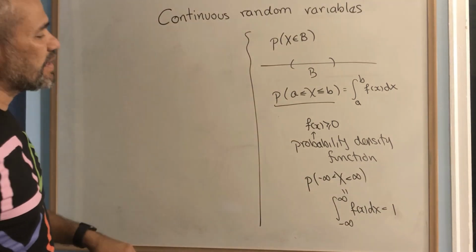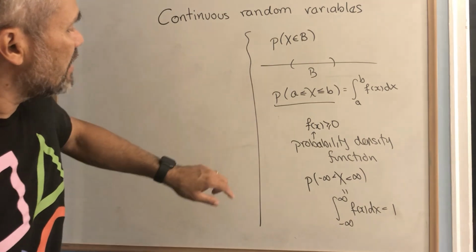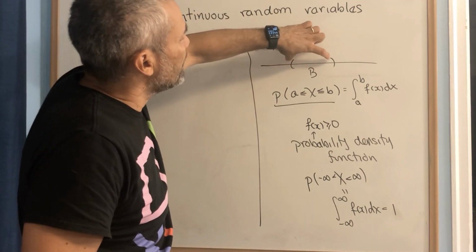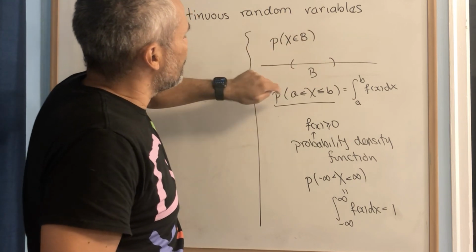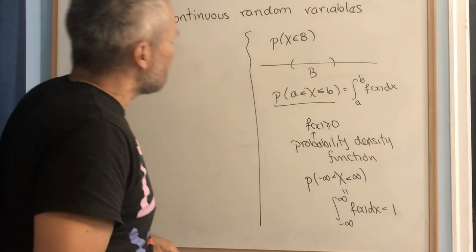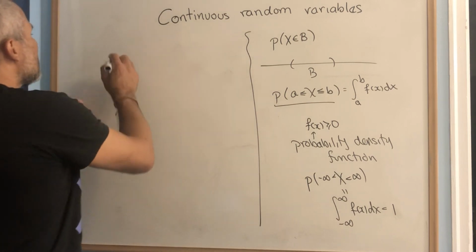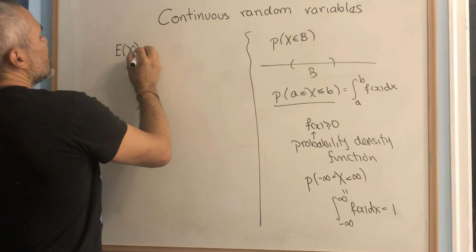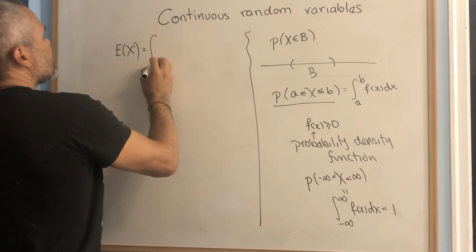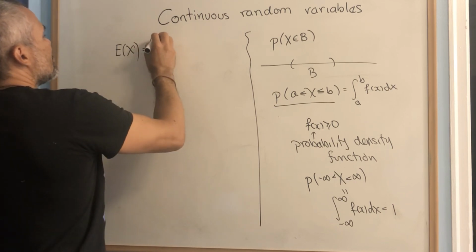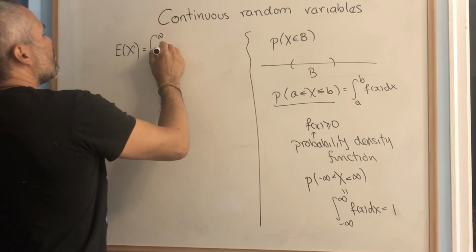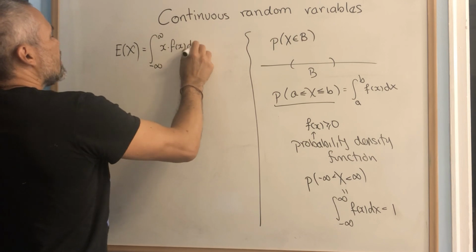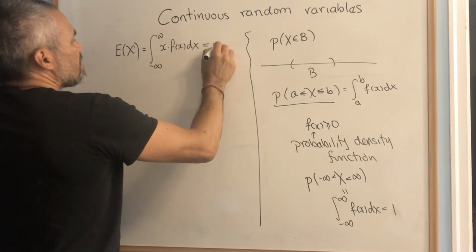Once we have the probability density function, then we can compute the probability of most of the subsets of R, and we can also compute the expected value of the random variable. The expected value is just the integral from negative infinity to infinity of x times f of x dx, and we denote this by mu.